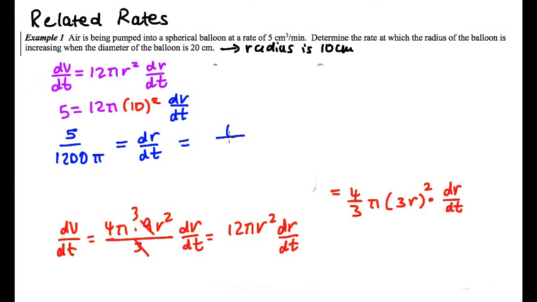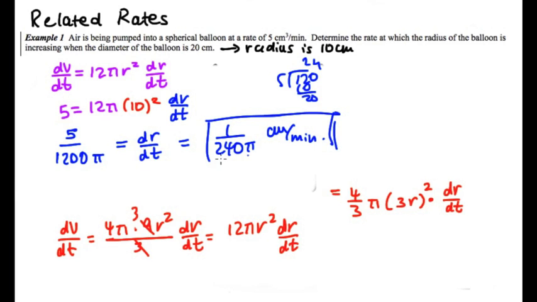What is this equal to? 1 over 5 divided by 12, 120 is 24. So it's 1 over 240 pi. And this would be in, if we did our units correctly, centimeters per minute.